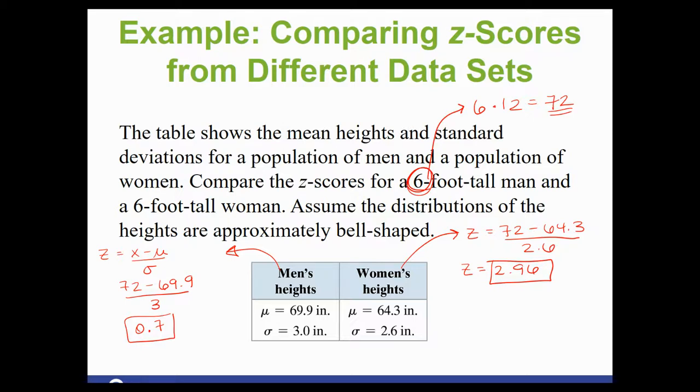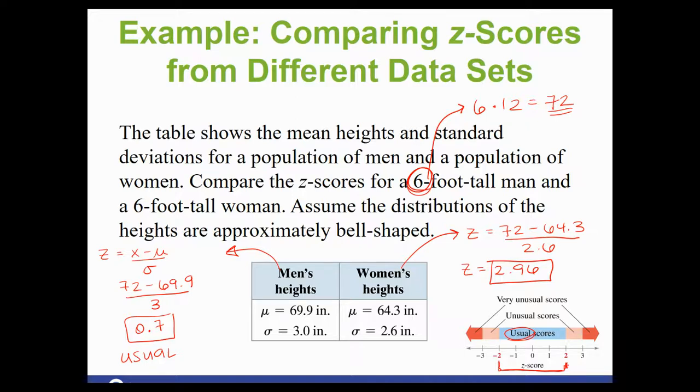Now, there is a range where we can say conclusions about this, whether these answers are usual, unusual, or very unusual. So there's kind of a scale to it. If your z-score is anywhere between -2 and +2, somewhere in here, we would say that it's a usual score. So for men, it is usual to see a 6 foot tall man.